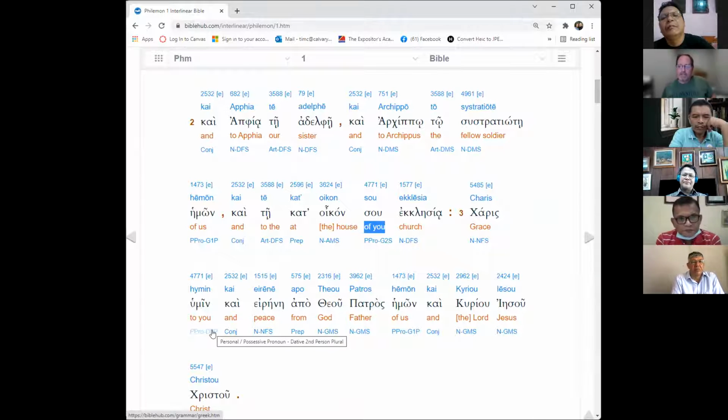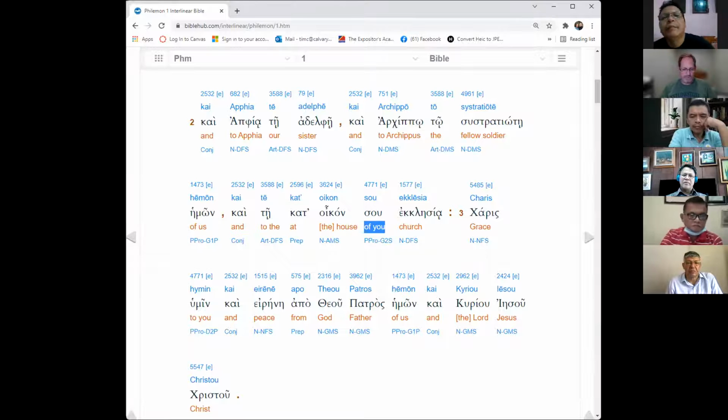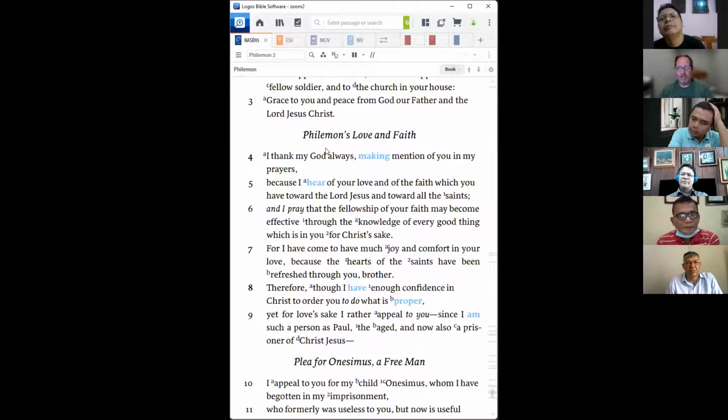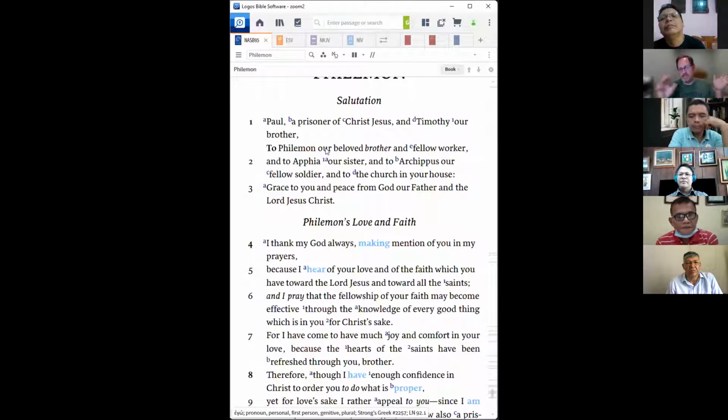So this is very important and significant, guys. Let me take you back to the English part here. By looking at the interlinear, we can tell whether the you is singular or plural. So here, the church in your house, that's singular, because he's speaking there to Philemon.